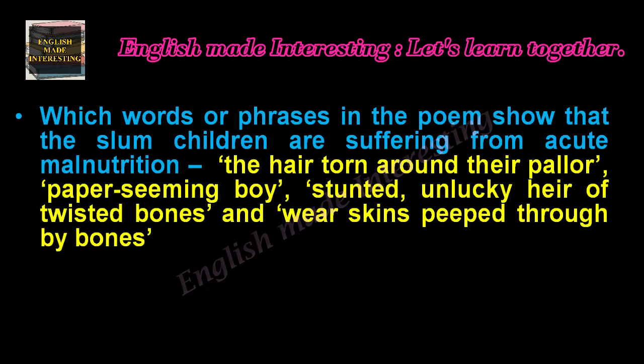Which words or phrases in the poem show that the slum children are suffering from acute malnutrition? The phrases are "the hair torn around their pallor," "paper-seeming boy," words like "stunted," "unlucky heir of twisted bones," and "where skins peep through bones."